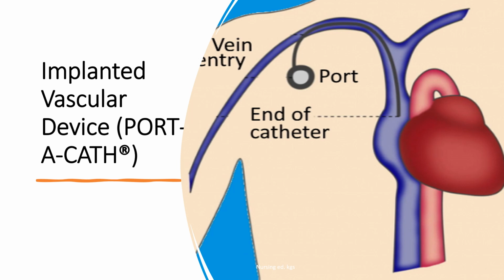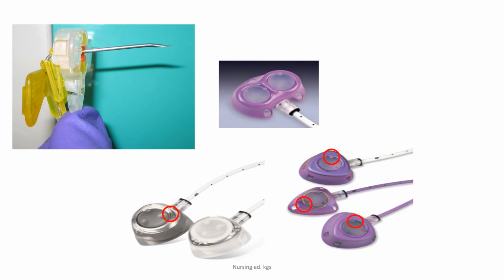The final type of CVAD that we're going to be looking at is the implanted vascular access device, or implanted port, or portacath. An implanted port or portacath is an implanted vascular access device that is usually placed under the skin and consists of a small vascular access port that is attached to a thin, flexible catheter.